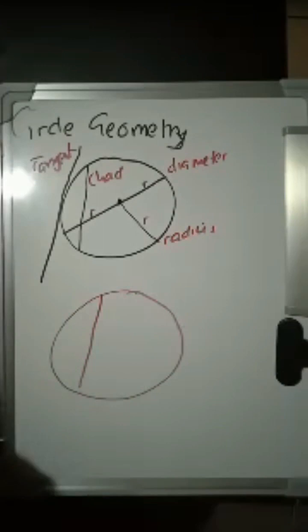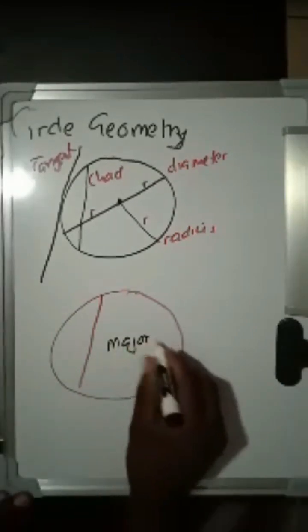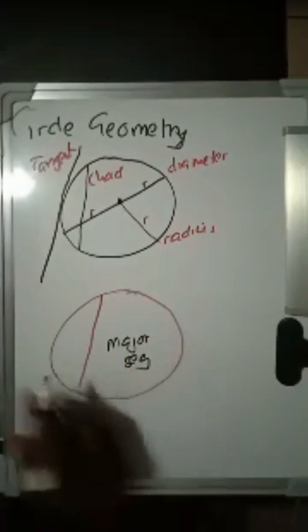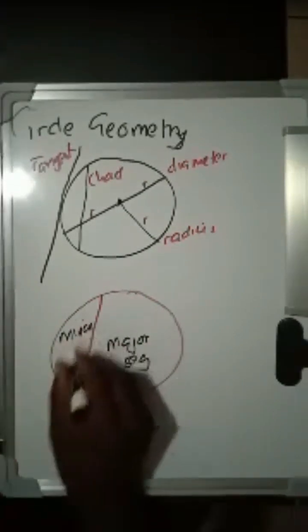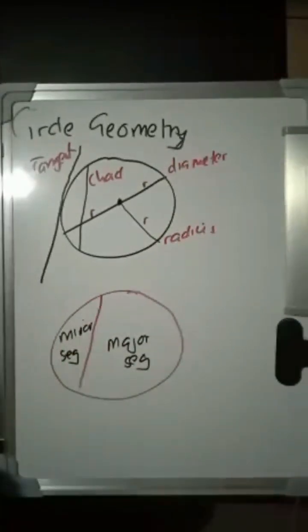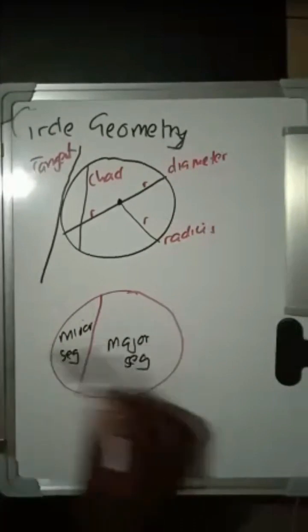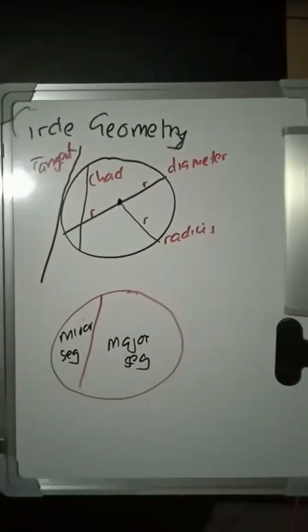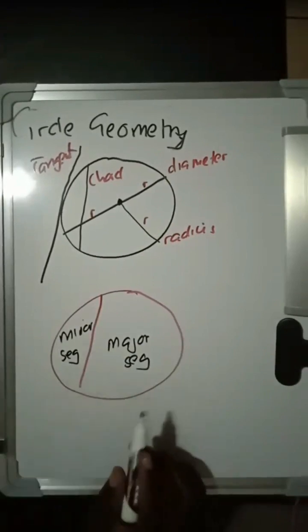So we have the major segment, and then we have the minor segment. The minor segment is the small segment, and the major segment is the bigger segment. Also, a chord divides our circle into two arcs.